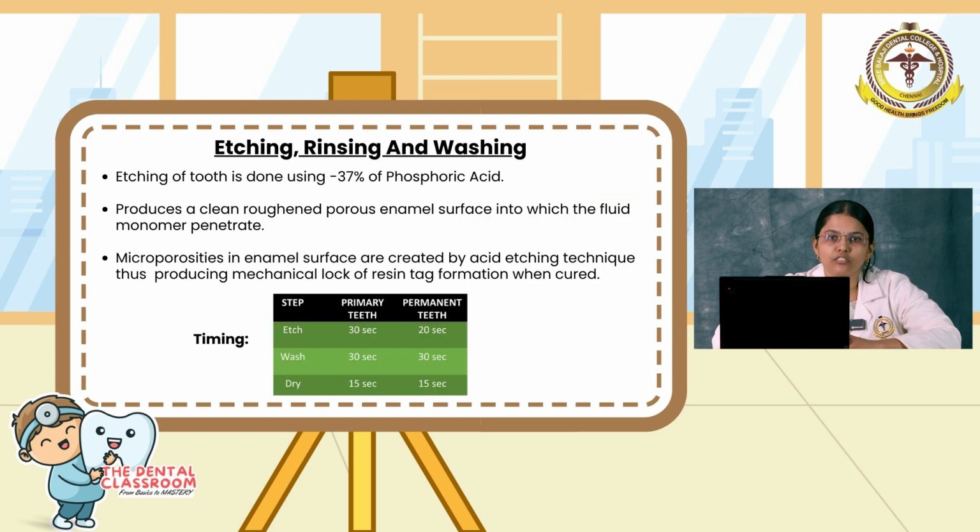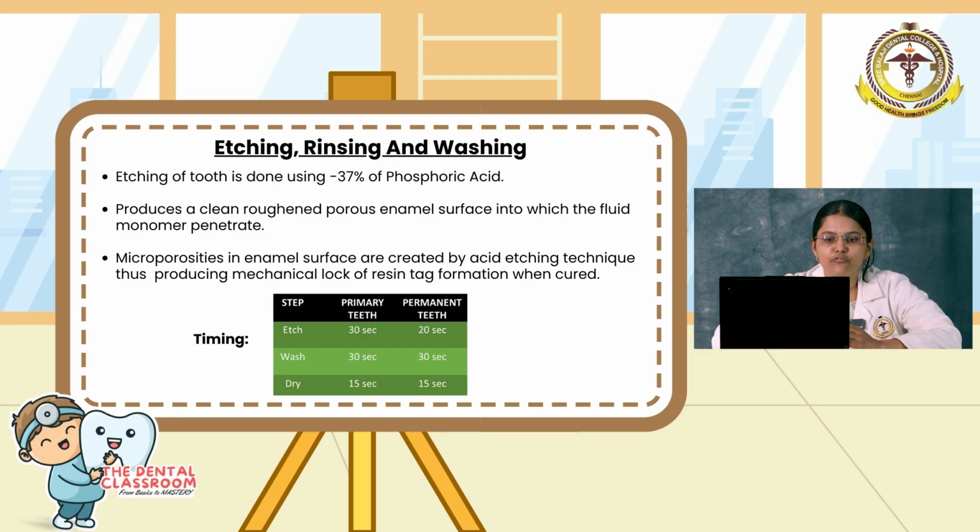Next is etching, rinsing and washing. Etching of the tooth is done using 37% phosphoric acid. It produces a clean, roughened, porous enamel surface into which the fluid monomer can penetrate easily. So microporosities in the enamel surface are created by acid etching techniques, thus producing mechanical lock of resin tag formation when cured.